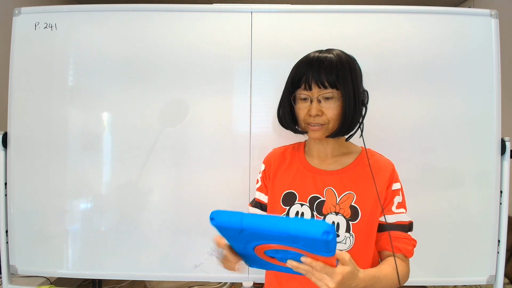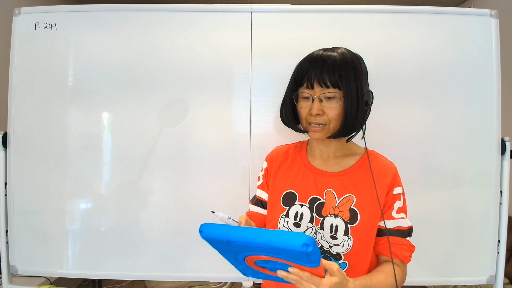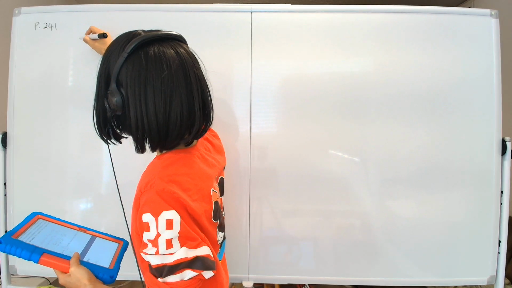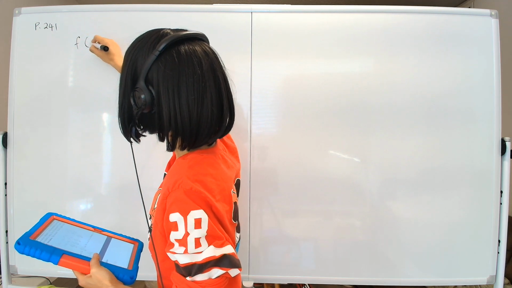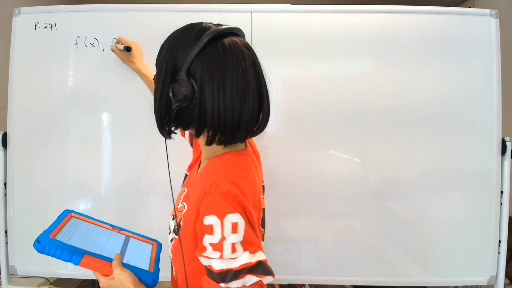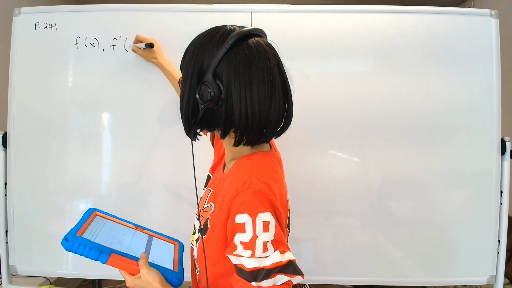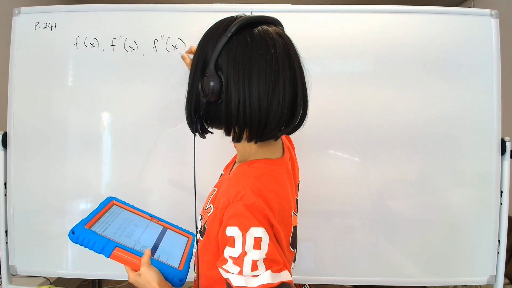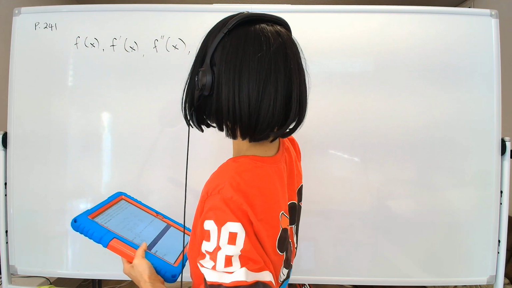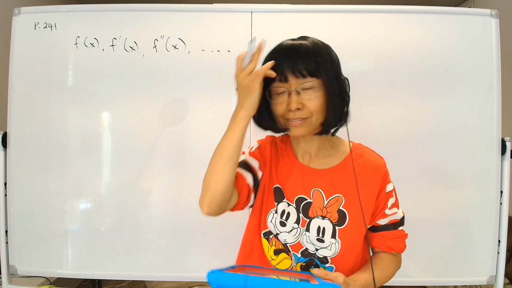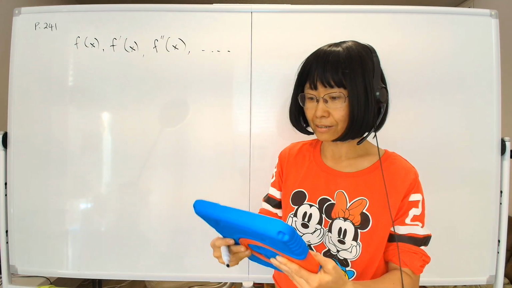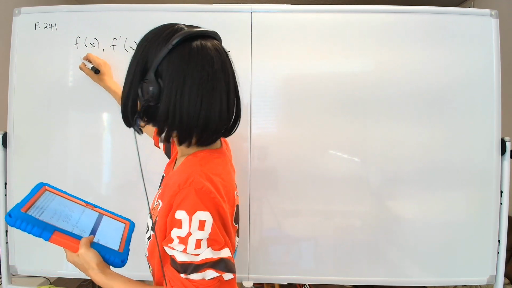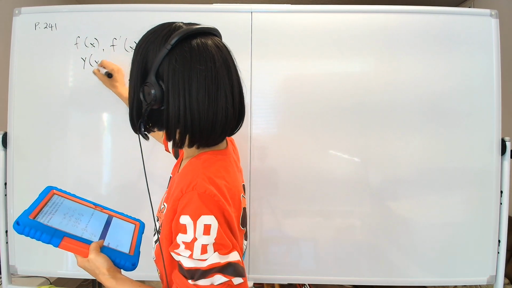And the notations of the higher order derivatives: the first kind is f prime. Say you have f of x, and that's the original function. f prime of x is your derivative, and then f double prime of x, the second derivative, and this goes on to, I don't know, a million derivatives. It doesn't have to stop. Another way of saying it is your original function is called y of x, or just y.